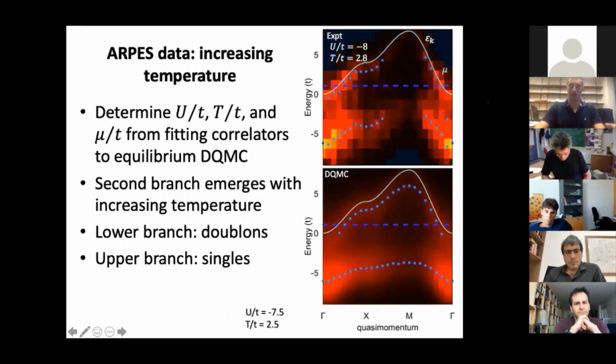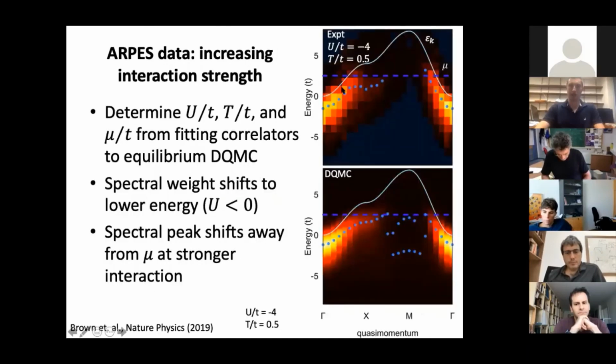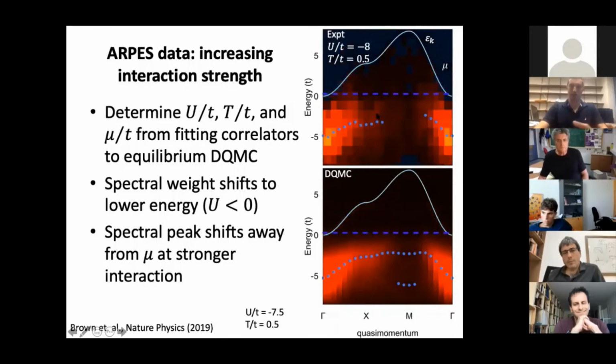So let me show you the results. We could extract these spectral functions. For example, this data here is for the attractive Hubbard model, at moderately weak interactions at this particular temperature, and you can see the agreement with the quantum Monte Carlo done here. As we increase the interaction, you start to see the gap opening from the chemical potential.